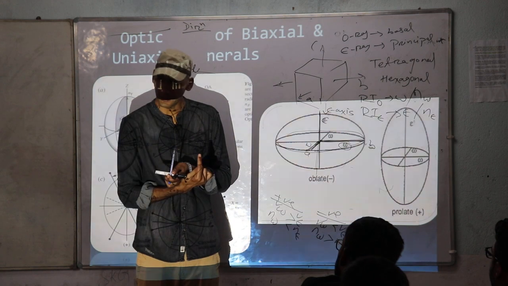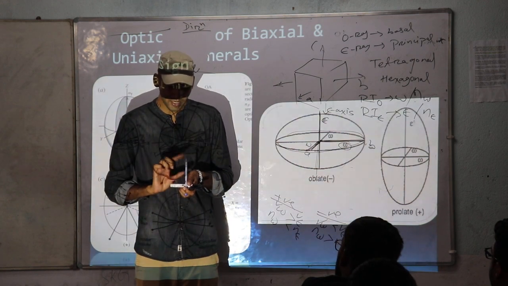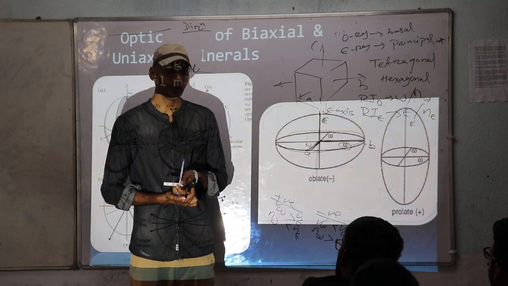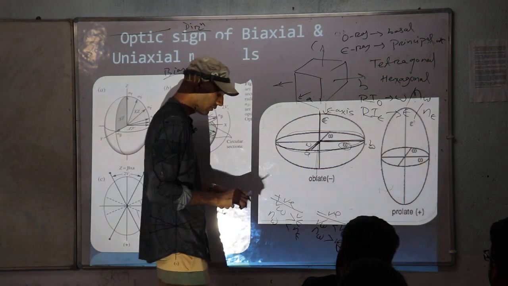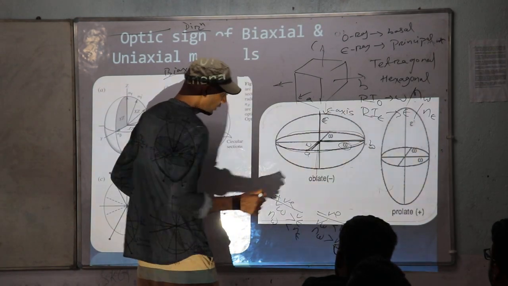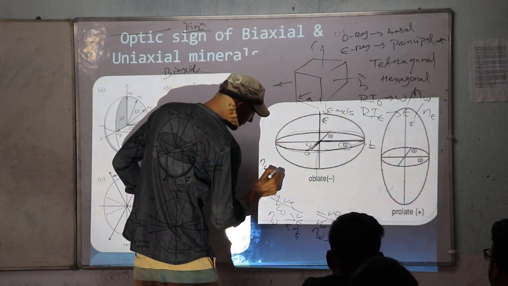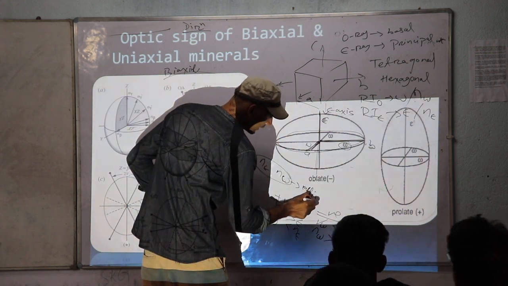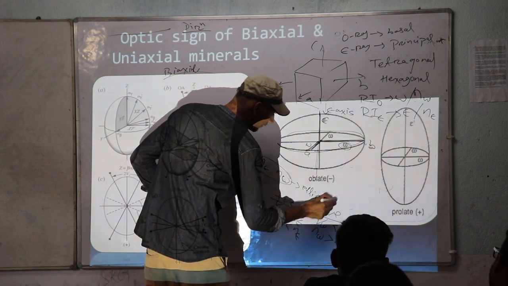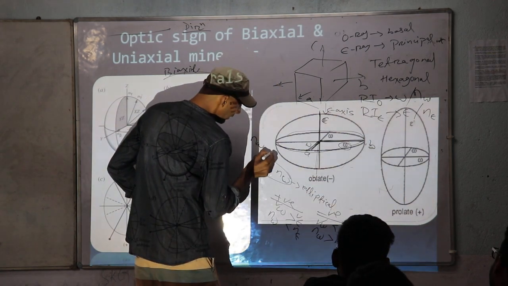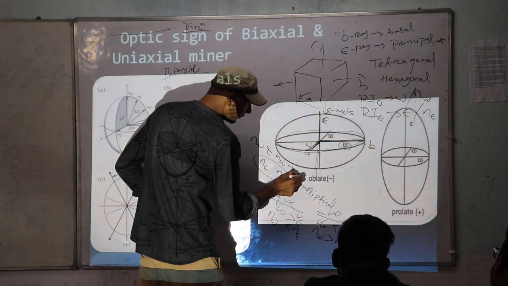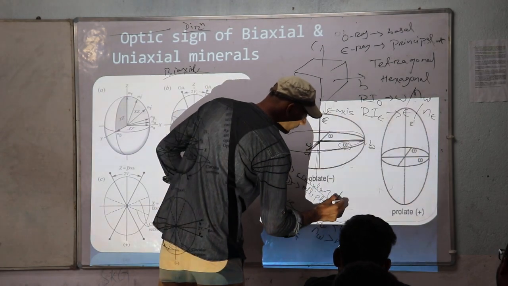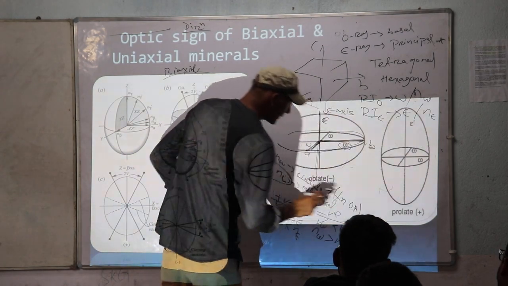So if I connect this epsilon and omega, what will be the resultant figure? That will be an ellipse. If I join n epsilon and n omega, they will give you an elliptical section. When I join n omega and n omega, that will be a circular section, and that circular section we can obtain perpendicular to the optic axis.